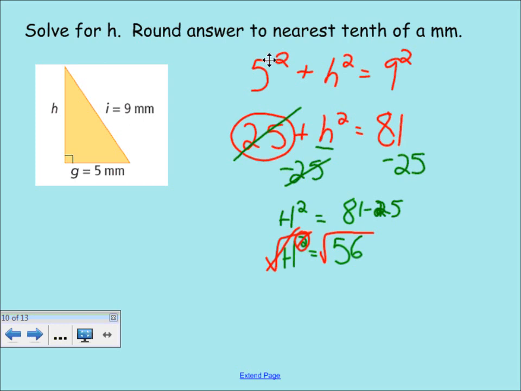That leaves us with h equals the square root of 56, which, as we know, is not a perfect square. It's 7.48 millimeters, which rounds to the nearest tenth as 7.5.